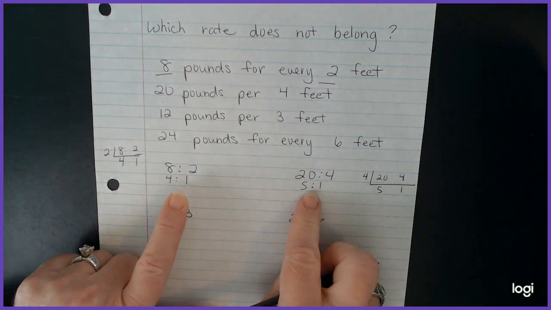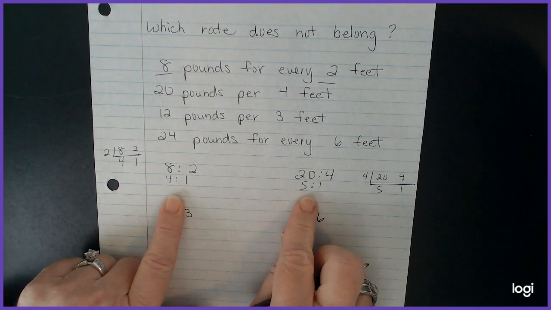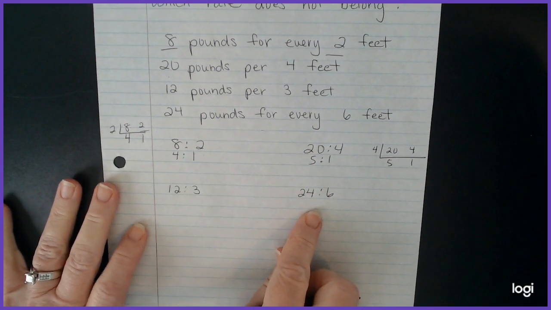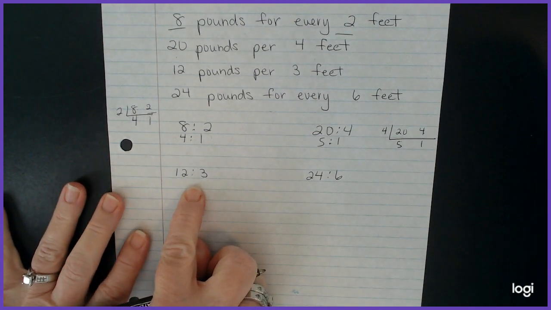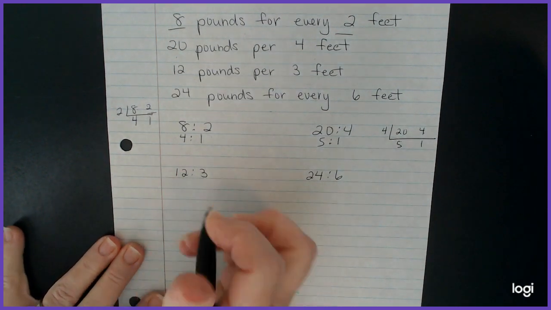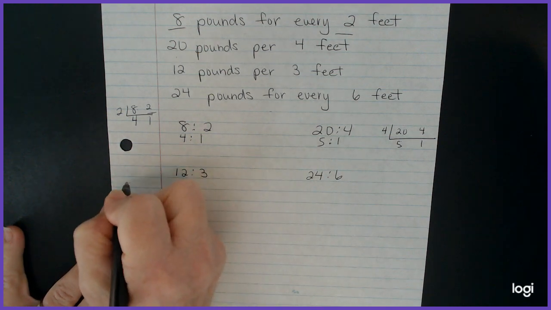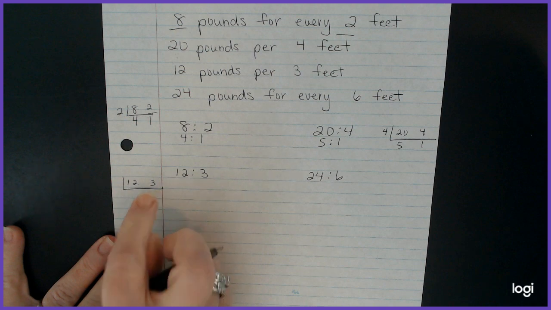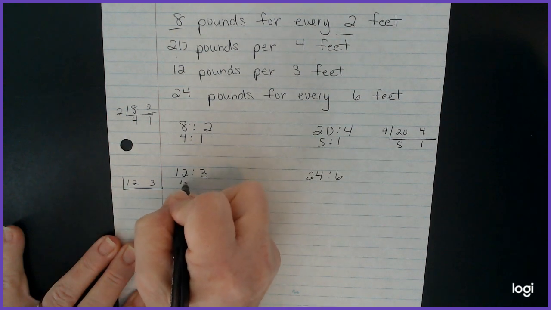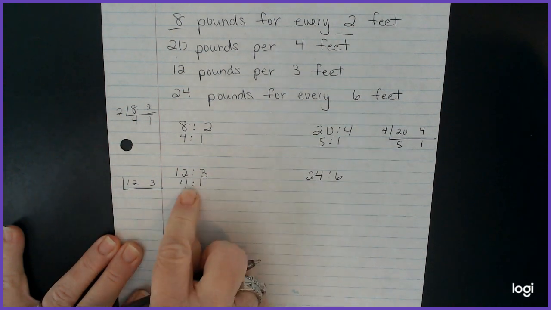All right, well, obviously one of these is not going to go because they're not equivalent. Let's see what happens down here. If I simplify 12 to 3, I know that 3 goes into both of them. If you want to go ahead and do it like this, just work on it, you can. But I know that this one's going to simplify to 4 to 1.